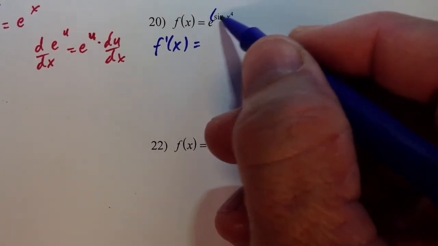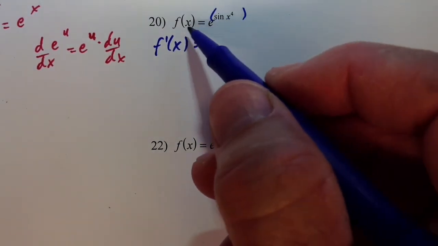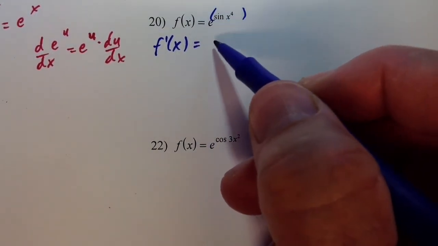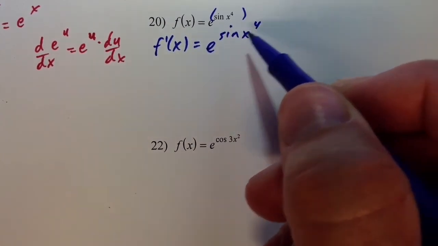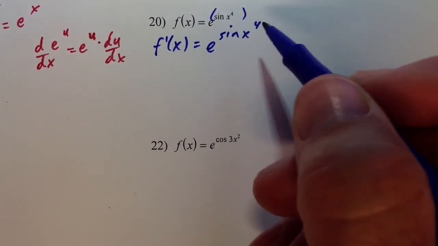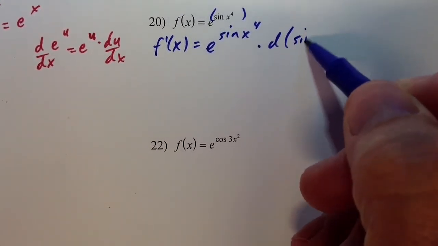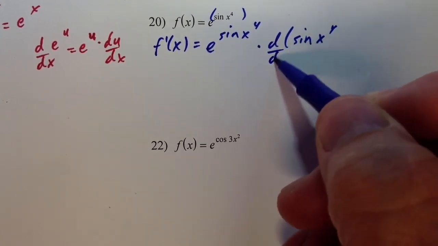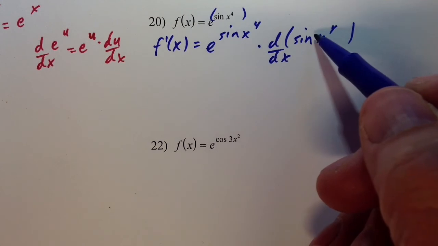The inside function is what the exponent is. So we know that when we take the derivative of e to the anything, it's just e to the anything. Now if that anything is something other than just x, then we have to multiply by the derivative of it. Even if it's just x, if we just made a habit of always multiplying by the derivative of the exponent, if it's just x, that's just going to be 1 anyway.